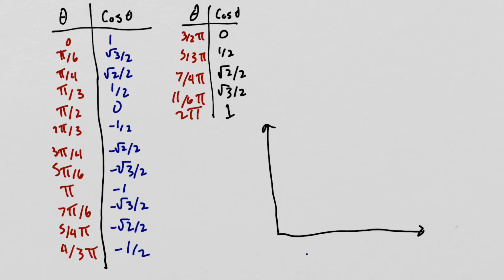Again, our blue points are going to correspond to points that are determined by the angle of 30 degrees or reference angle 30 degrees. Then the green points correspond to points on the unit circle that are determined by 45 degrees.